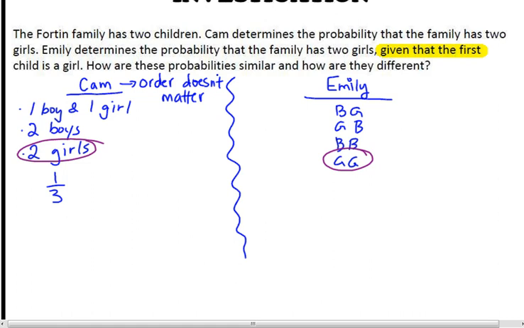So what's Emily's probability? 1 out of 4. So if order does matter, it affects the probability. That's our difference between perms and combs. We looked at that last unit.